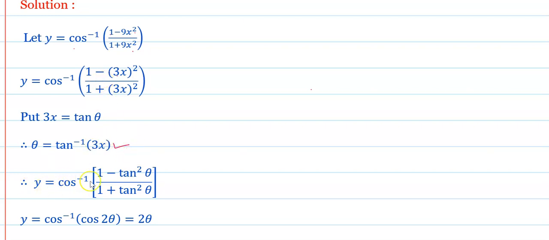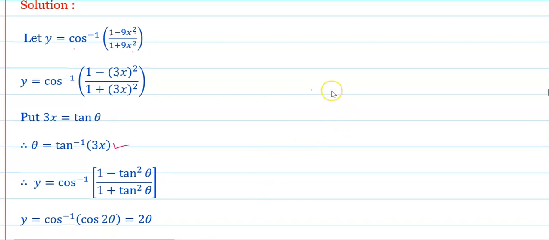That is, y equals cos inverse in bracket 1 minus tan square theta upon 1 plus tan square theta. There is one more trigonometric formula: 1 minus tan square theta upon 1 plus tan square theta is equal to cos of 2 times theta.